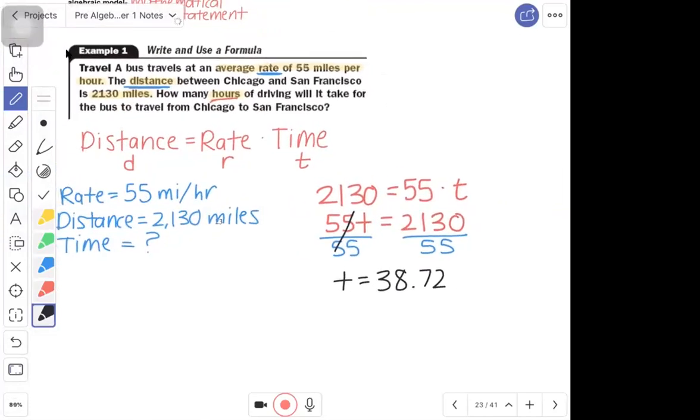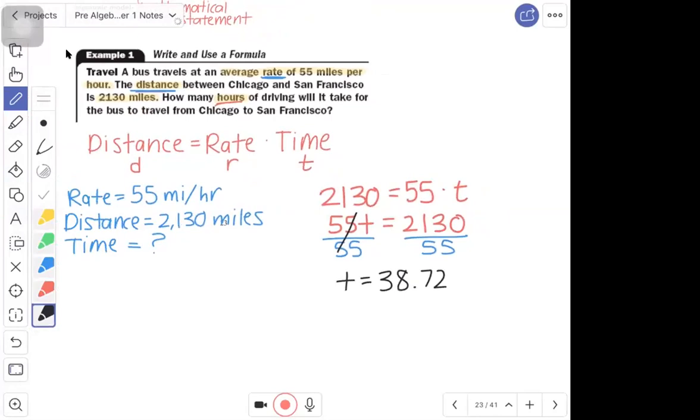And we have to make sure we're labeling this. So it's giving us our distance, which was in miles, our rate, which is in miles per hour, and it's asking us for our time. So what should our label be on our time here? Hours.